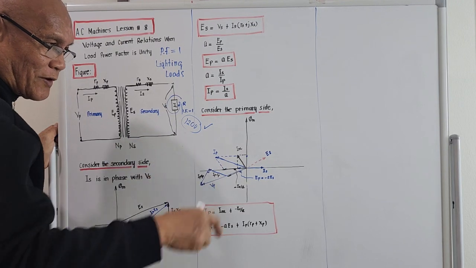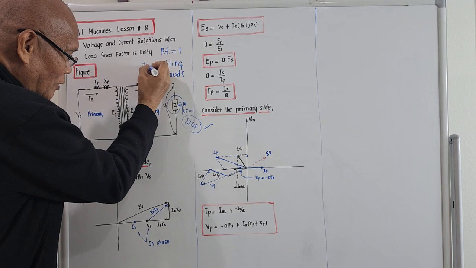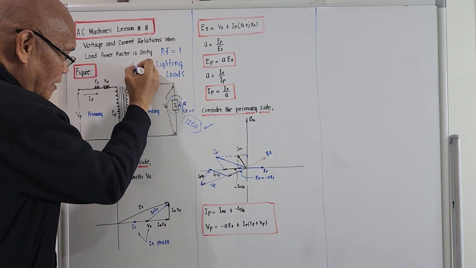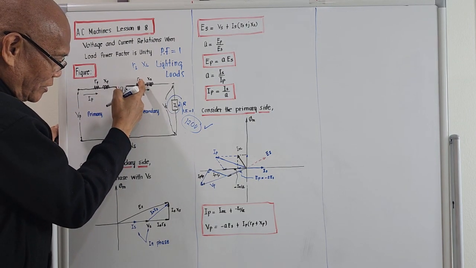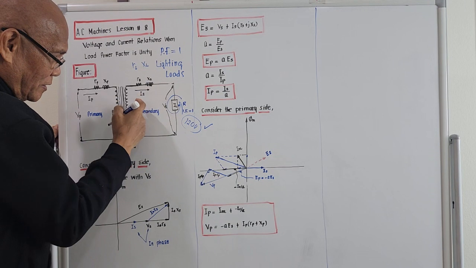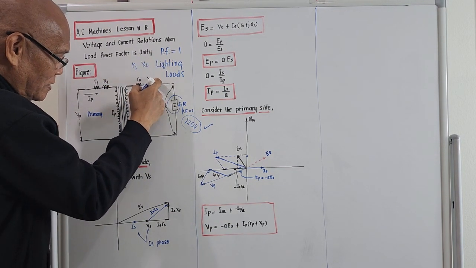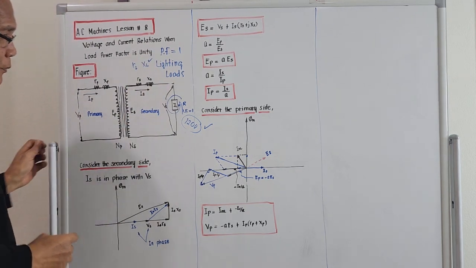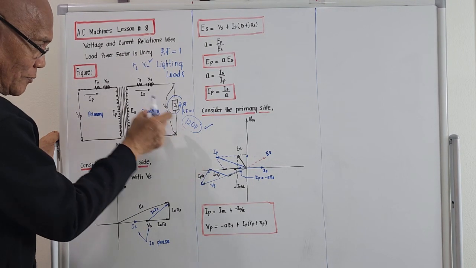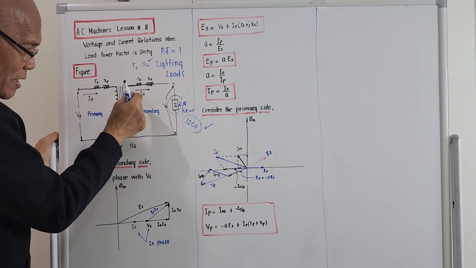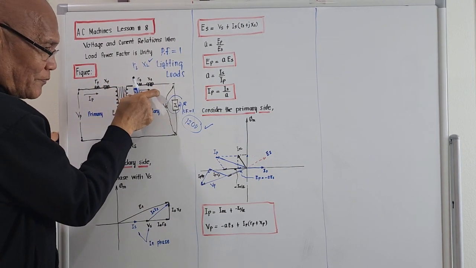There is no such thing as a perfect coil. If there is a coil, there should be an X sub L and R sub L. The subscript here refers to the secondary, but in reality this resistance is R_L and this X_S is X_L, right? So to obtain 120 volts on the secondary, we have to take into consideration the effect of these, because as current passes through R_S and X_S there is a voltage drop.